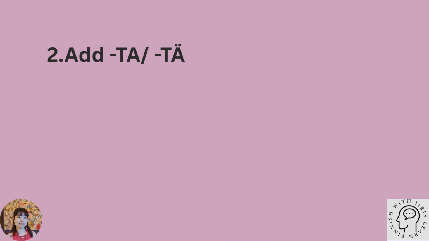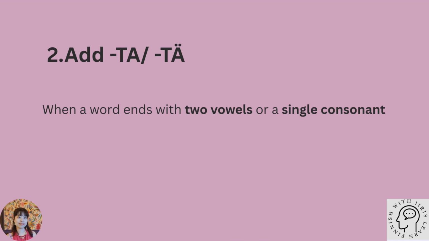The second pattern is to add TA or TÄ. We use this pattern when a word ends with two vowels or a single consonant.